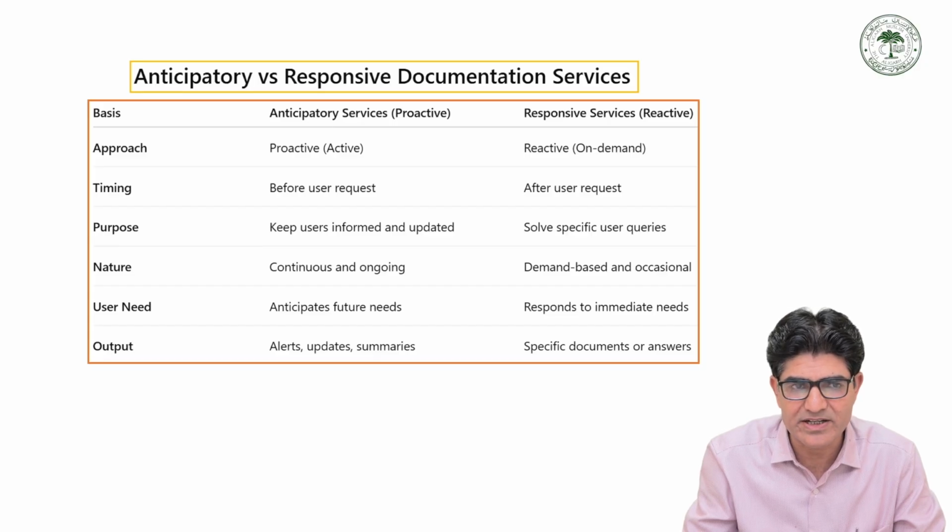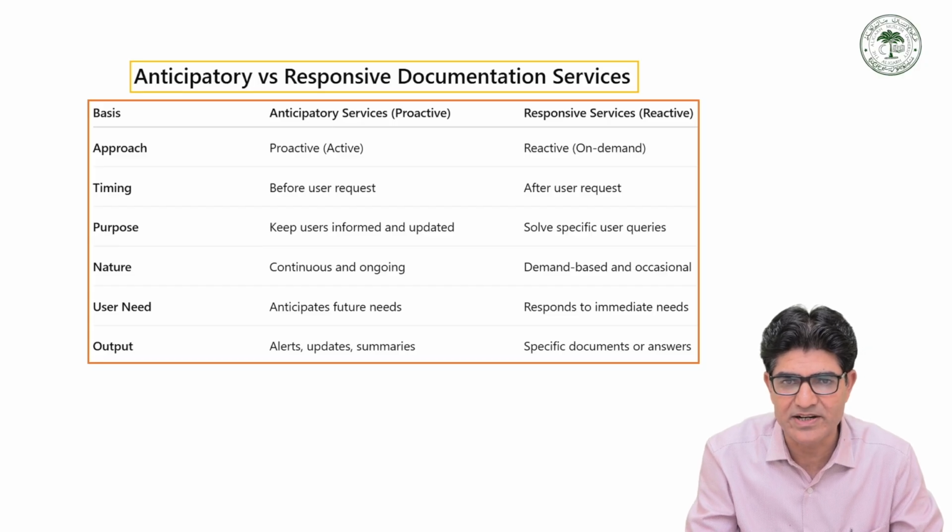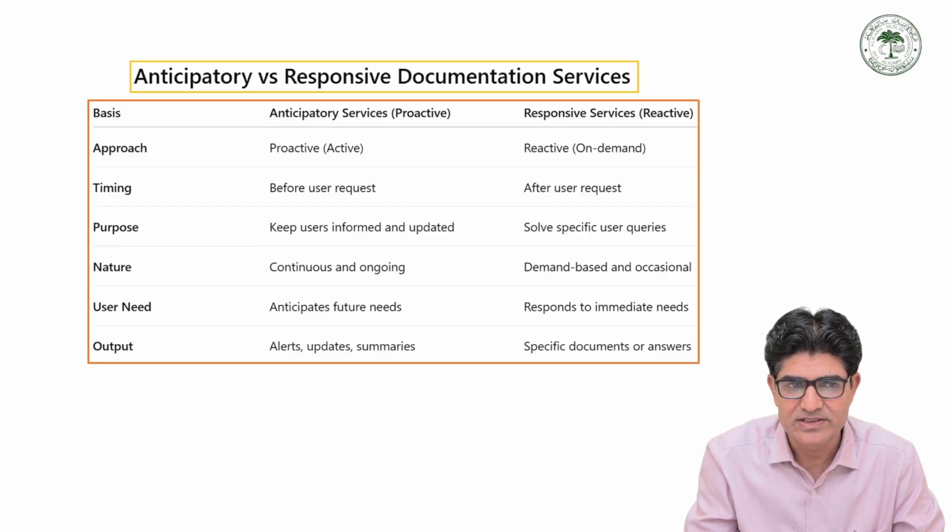When we talk about the timing of delivery, the anticipatory services are provided before user makes a request. On the other side, responsive services are provided when a user makes the request. The purpose of providing anticipatory services is to keep user updated and informed. On the other hand, responsive services are provided to the users to solve specific queries.